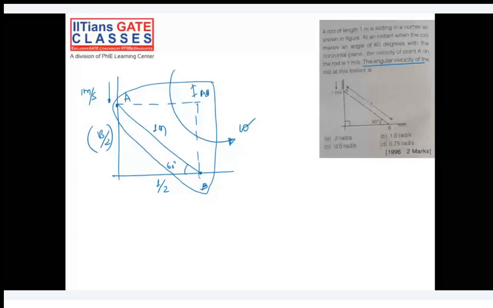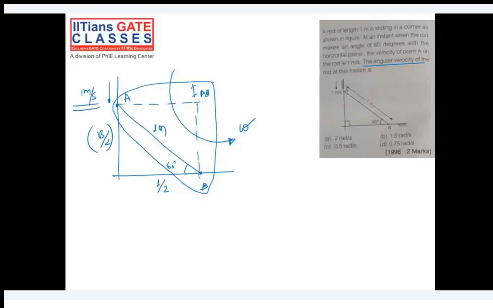Using the velocity of point A, you get the omega. How you will calculate it: velocity of point A is omega times the distance between this I center and A, which is half.